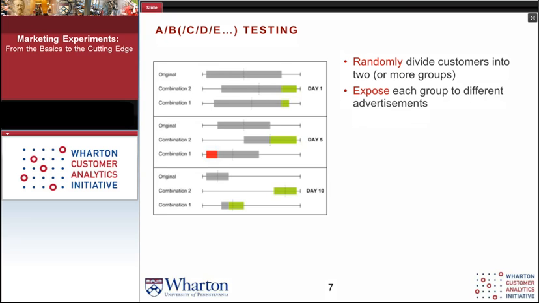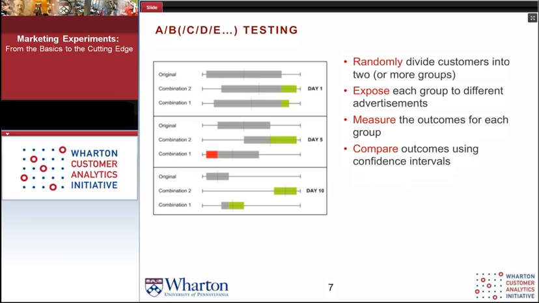Then we expose each group to a different advertisement. Pretty simple stuff. If you have the capability of sending each group different advertisements, you do that. Then you measure the outcome for each group, and you compare them. And that's pretty much all there is to an A/B test. That's it in a nutshell.